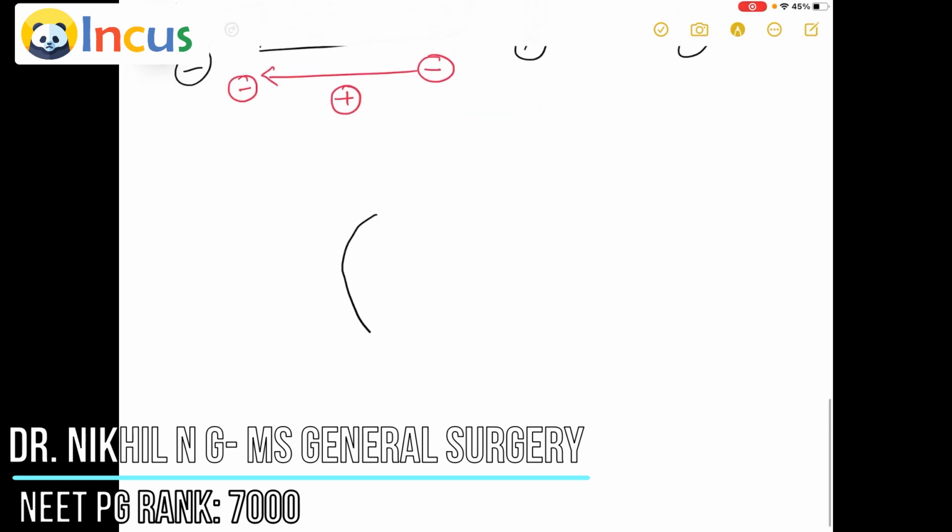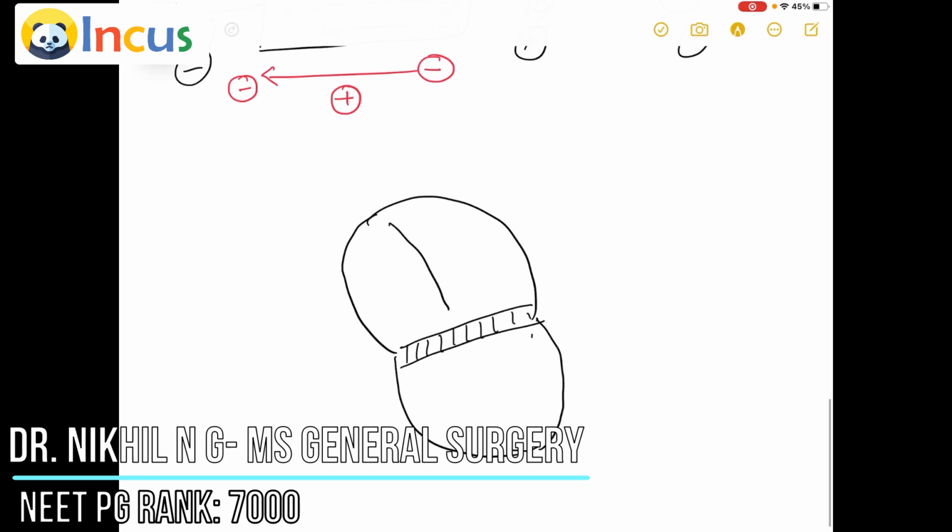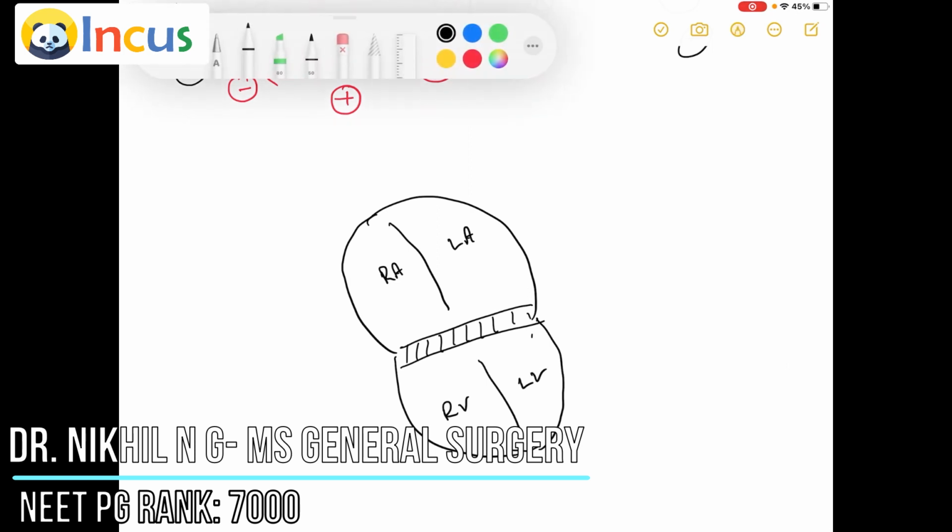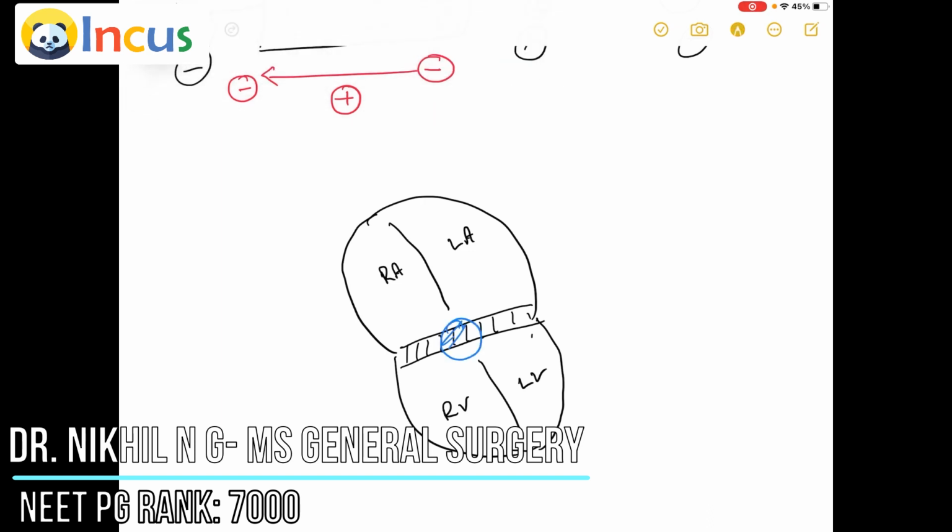To explain this, this is the heart. This is the right atrium, left atrium, right ventricle, left ventricle. This is the AV node. This is the fibrous annulus.